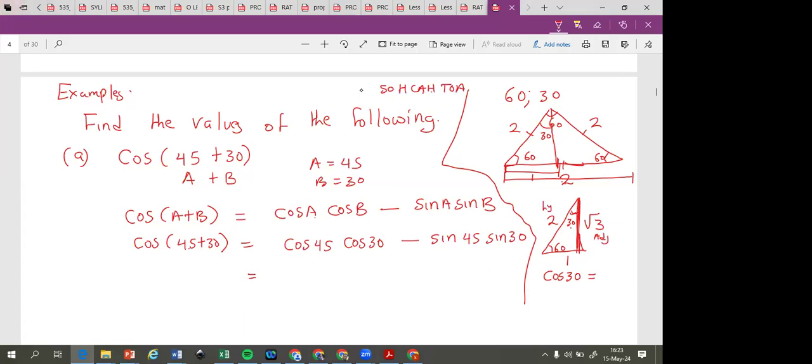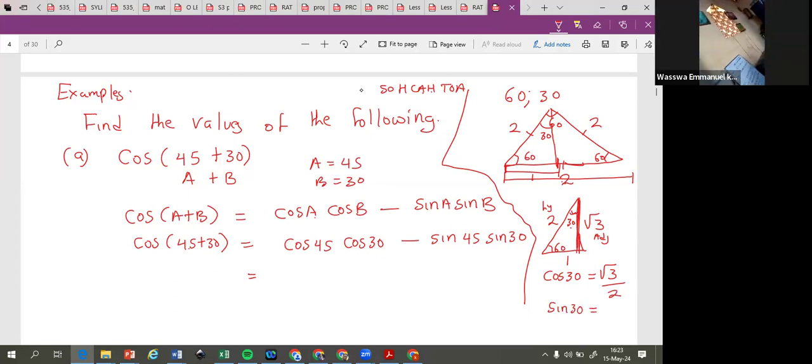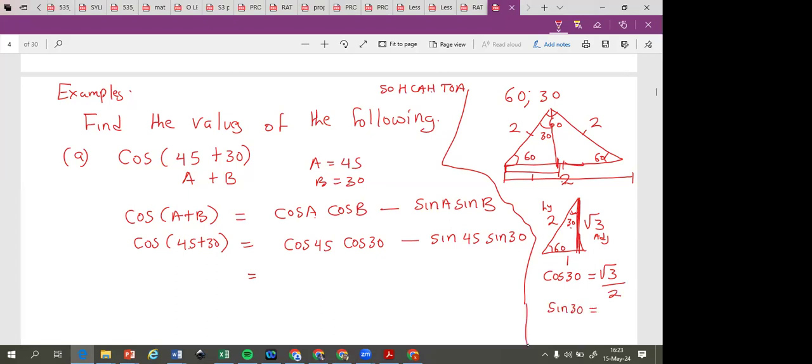So members, our cos 30 will equal to what? Root of 3 over 2. Very good. So when you look here, we have 30. What about sine of 30? What will it equal to? Half. Good.